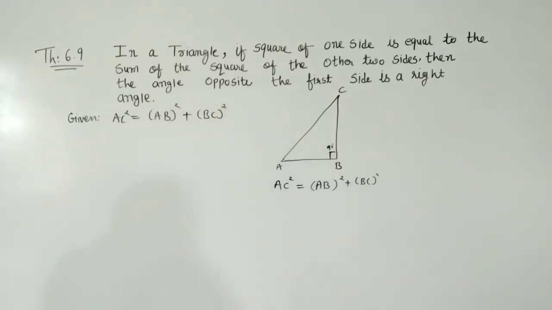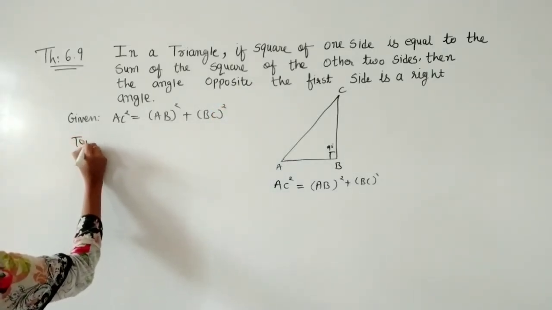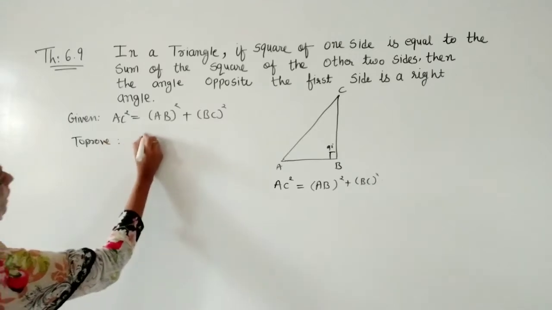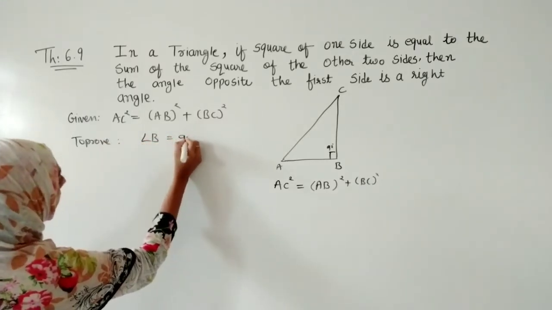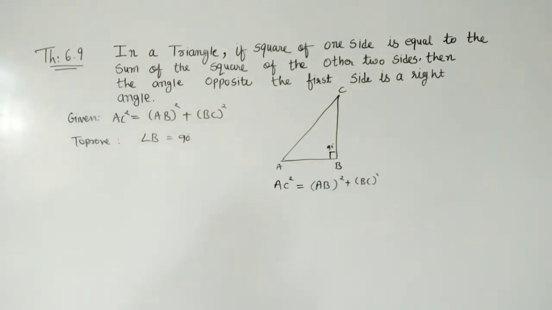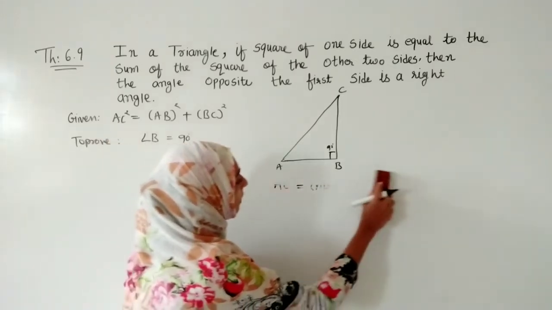What we have to prove is that angle B is equal to 90 degrees. This seems very simple, and according to me, Pythagoras theorem is a little bit lengthy, not too lengthy, but the converse of Pythagoras is easier than it. So now, how will we prove it? Let us concentrate on that.